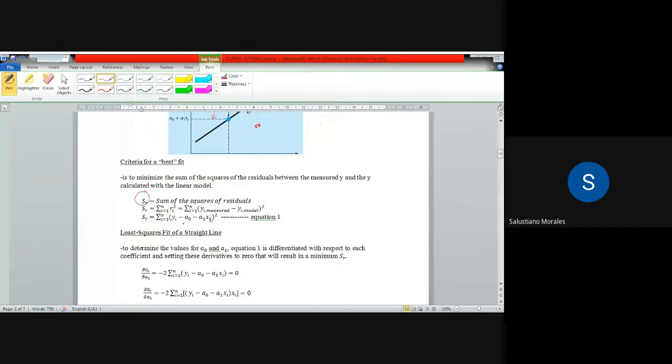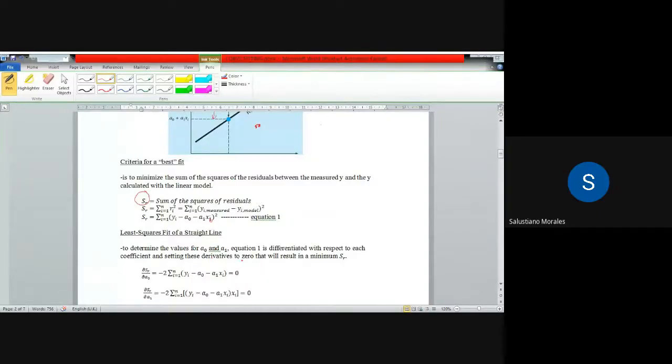Then for the least squares fit of a straight line, to determine the values of a sub 0 and a sub 1, which are the coefficients in equation 1, it is differentiated with respect to its coefficients and setting these derivatives to 0, that will result in a minimum value of SR. So based from our discussion in your subject in differential calculus, if you take the derivative of a certain function and you set that to 0, then the value that is determined there is maybe the maximum or minimum.